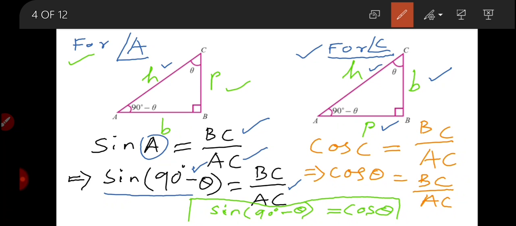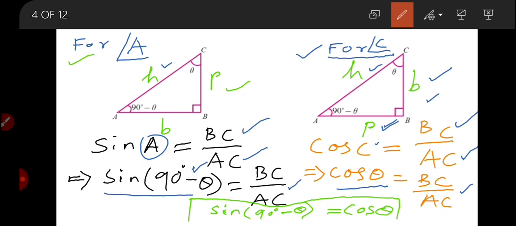In the same triangle, when we take angle C as the reference angle, then cos C equals B by H. We know B by H. Here B is your BC and H is your AC. So cos of angle C, that is theta, so cos theta is equal to BC by AC.